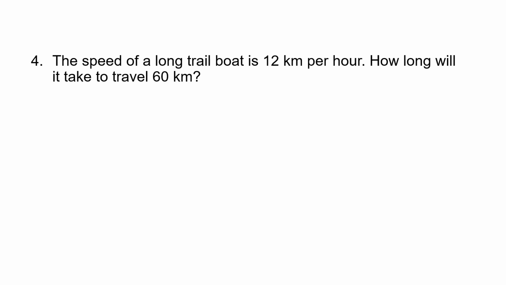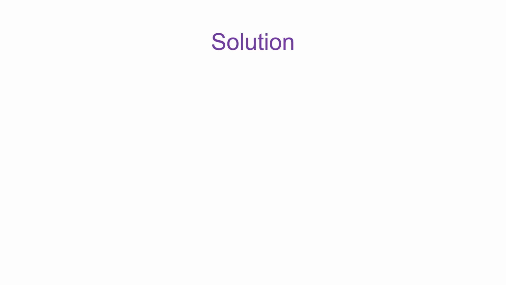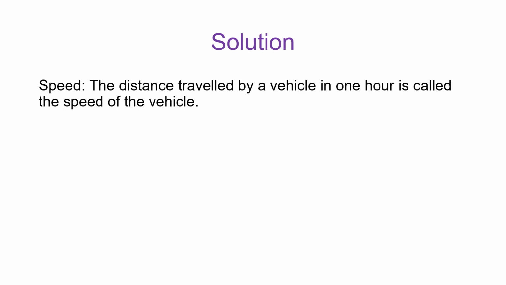The speed of a long tail boat is 12 kilometers per hour. How long will it take to travel 60 kilometers? Let us find out the solution. Speed, the distance traveled by a vehicle in 1 hour, is called the speed of the vehicle.